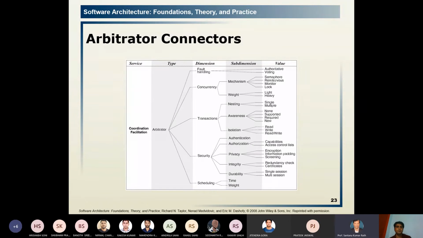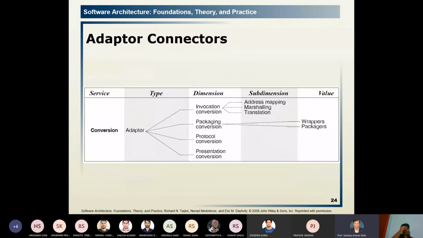Next, the connector type adapter. It will work as a converter. As we discussed previously, the buffer or adapter works as a connector, as a converter.